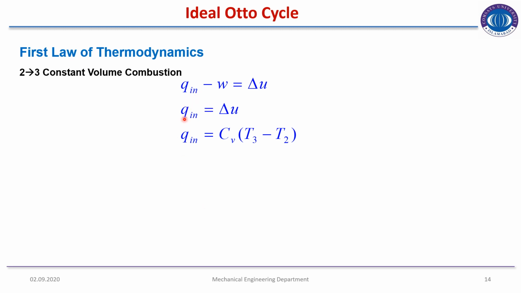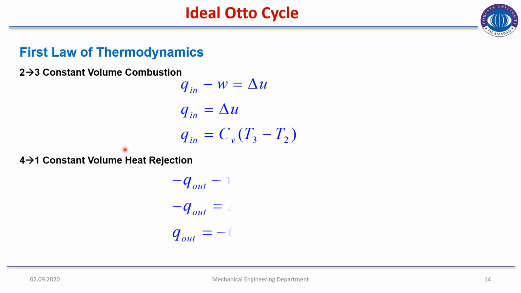So we will briefly discuss the efficiency of the ideal Otto cycle. The heat that is entering, in process 2 to 3, is a constant volume combustion process. According to the first law, Q is equal to W plus delta U, and W is equal to 0 because no work is done.